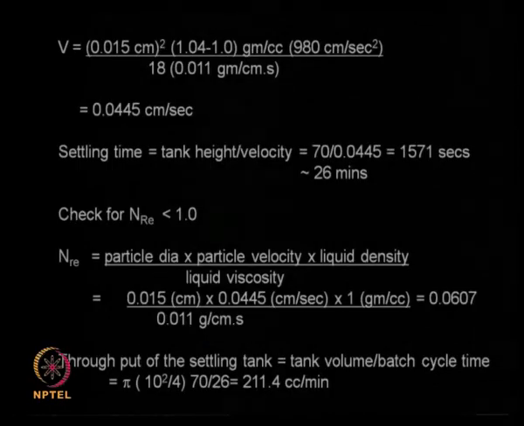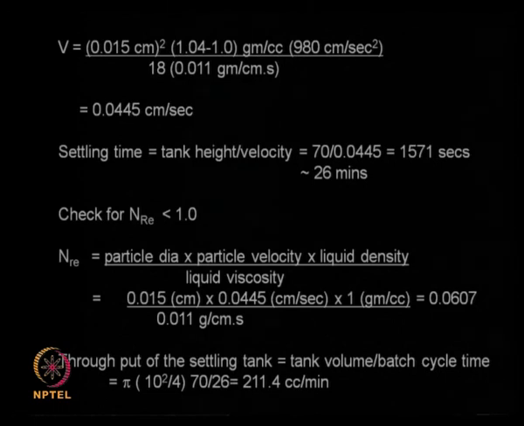Now Stokes law, if you remember, is valid only when Reynolds number is very low, that means Reynolds number less than 1. So we need to check whether the Reynolds number is really low, otherwise Stokes law is not valid. Why is it so? Reynolds number is a function of many parameters: diameter of the particle, particle velocity, and the physical properties of the liquid.